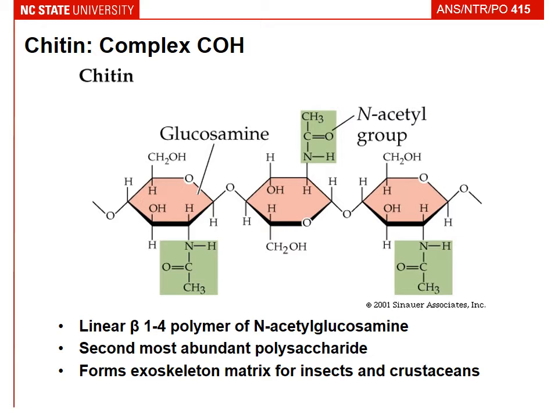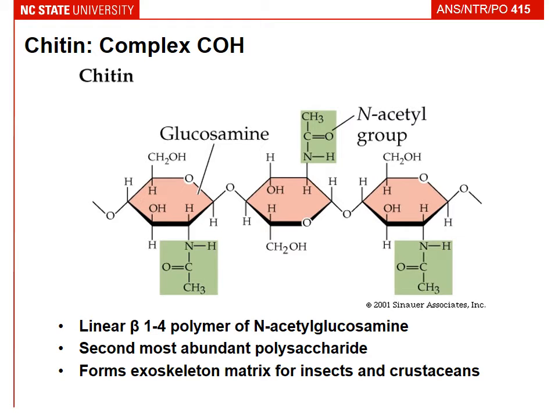Chitin is a linear polymer of N-acetylglucosamine, and you can see we have the glucosamine, the acetyl groups that are conjugated to the glucosamine, and these are beta-1,4 polymers. And as I mentioned, it's the second most abundant.